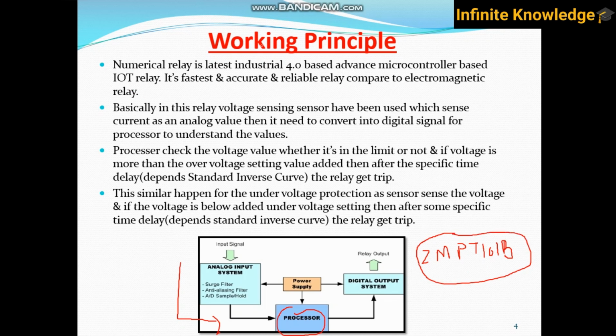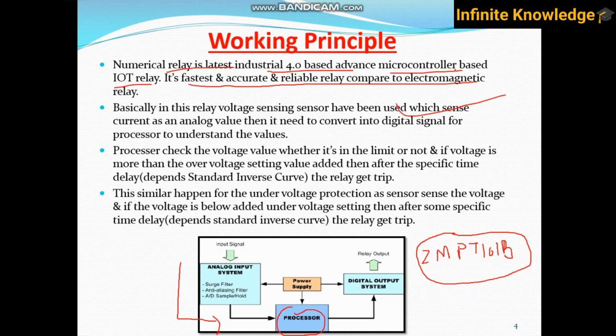So just going to the principle, the numerical relay is the latest Industry 4.0 based advanced microcontroller based IoT relay, and it's faster, more accurate, and reliable compared to the electromagnetic relay. The electromagnetic relay is not much more reliable because it takes some time. There is an enormous amount of mechanical components, and due to that we are not getting satisfactory output.